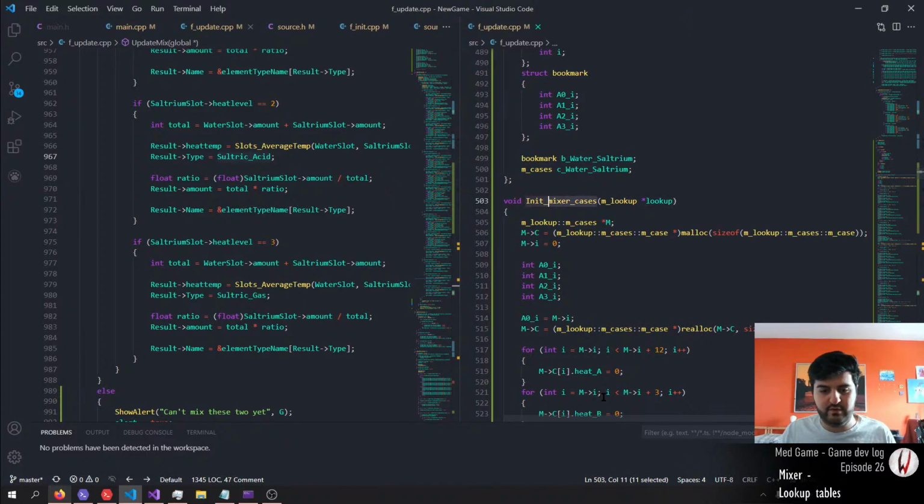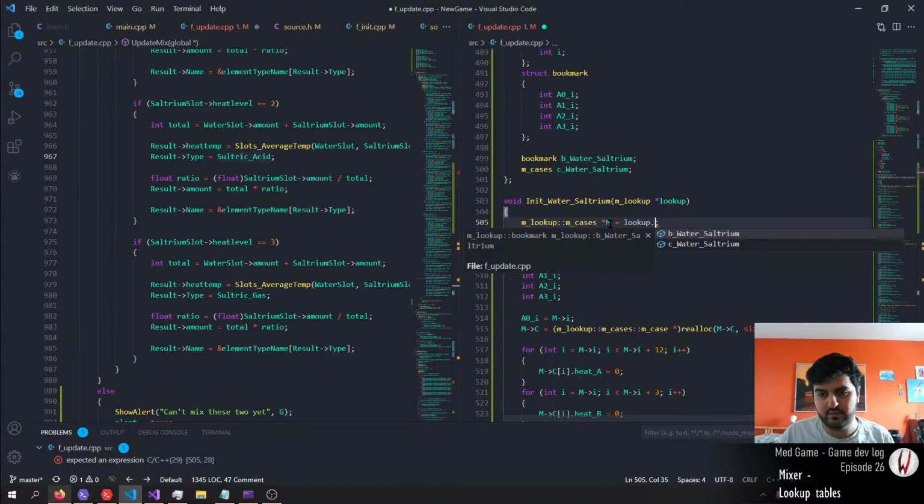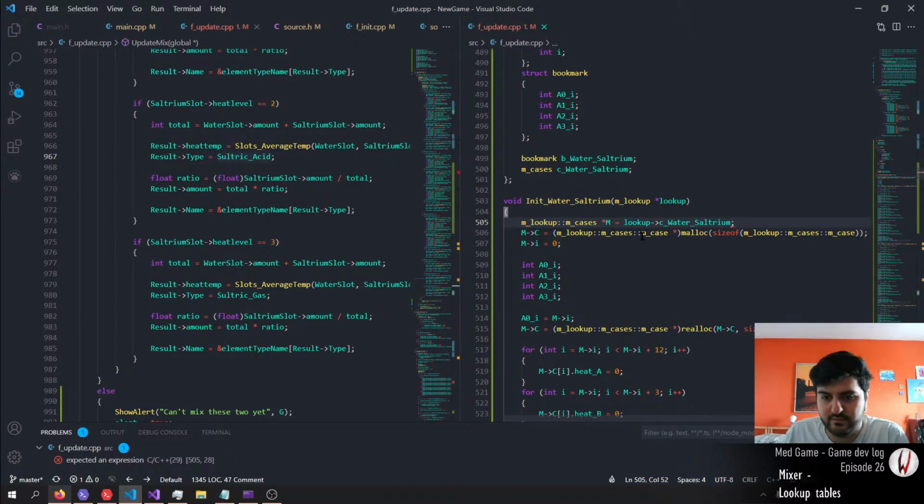So here let's say init water Saltrium equals lookup dot cases of water Saltrium.